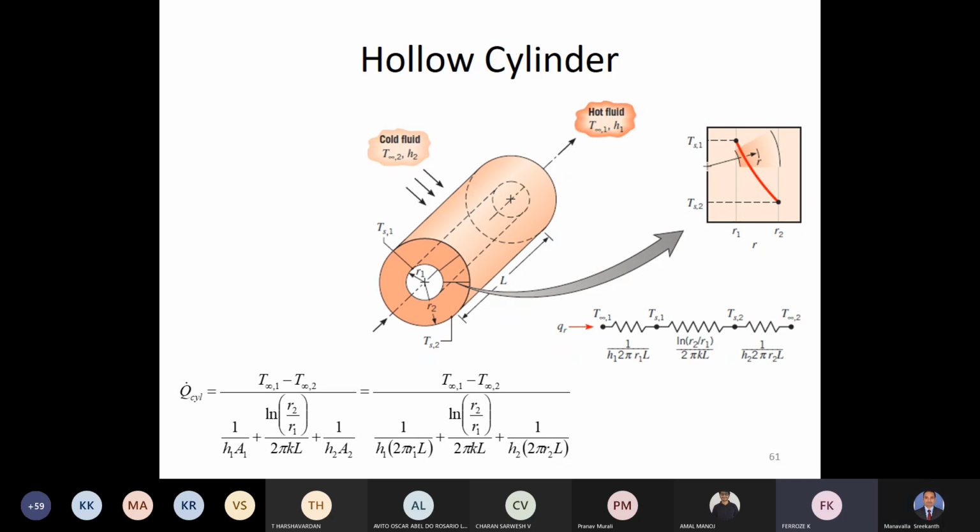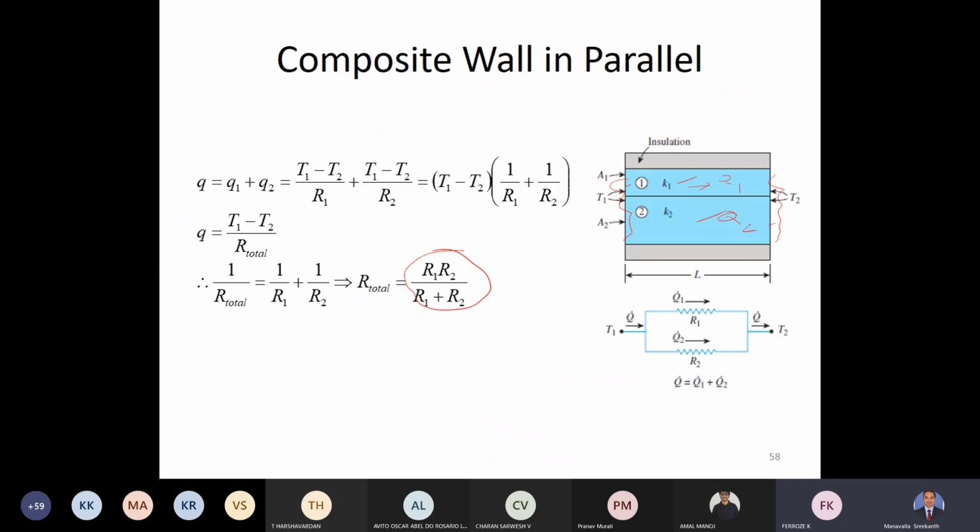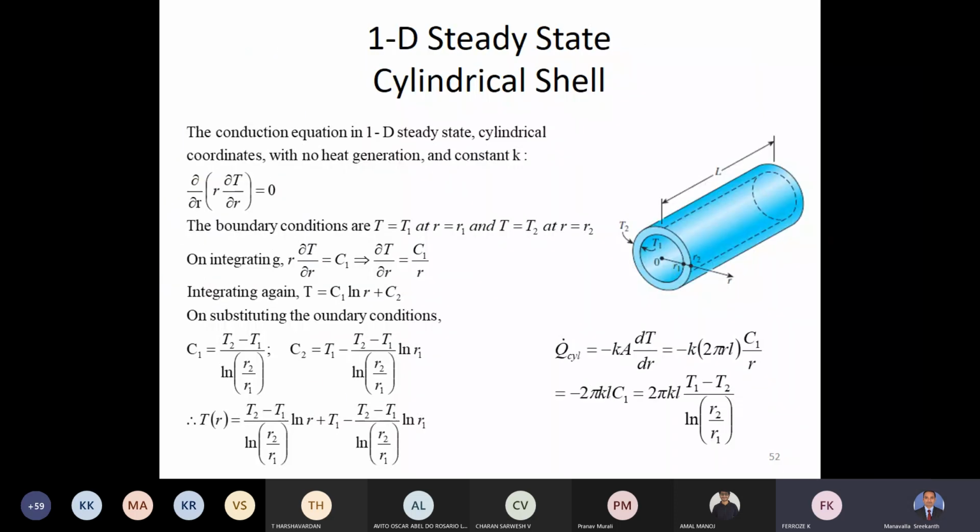That's all. Okay, so what we have done in that treatment, if I can go back to that slide, here you see the cylindrical shell. What we have done here is we are able to come up with the heat transfer equation for a cylinder in this fashion. So ultimately this is the heat transfer.